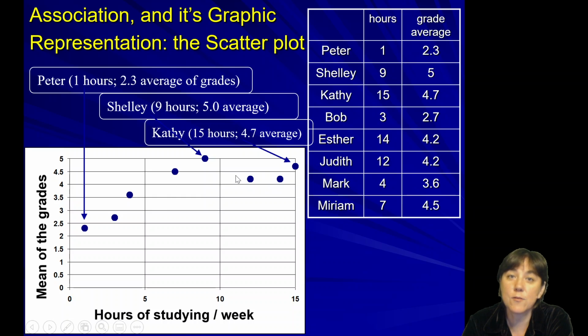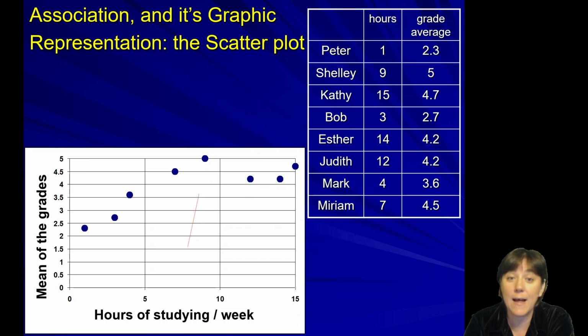The points do not fit on a single line, but they mingle around that line, which we call the line of best fit or the regression line. We will get back to how this line is created, usually by statistical programs. It would be very difficult to calculate this line by hand.